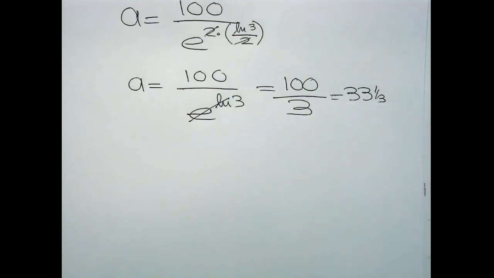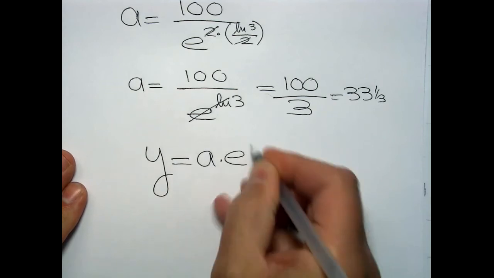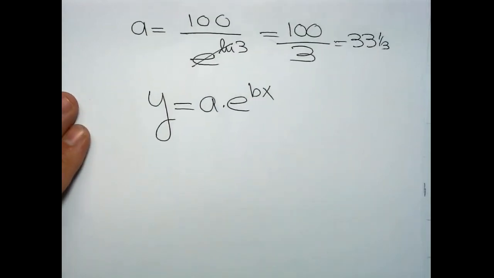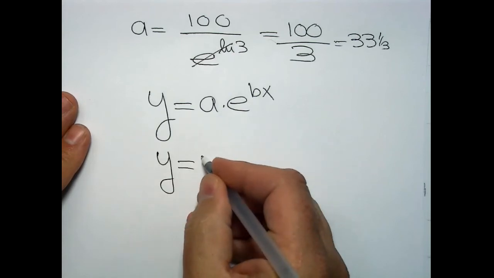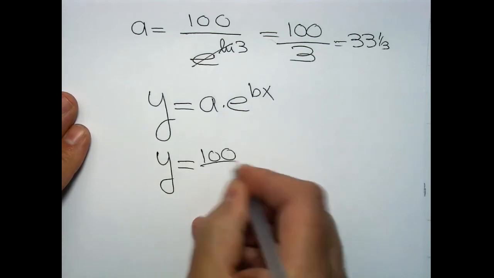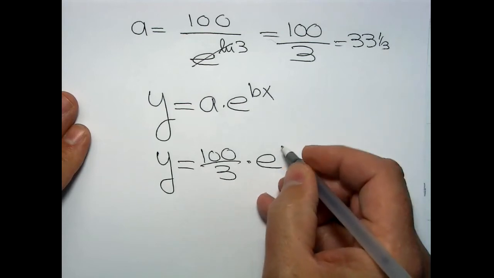So let me express the mathematical model for this particular growth. For this particular research project, y is equal to 100 thirds, or 33 1/3, e to the bx.